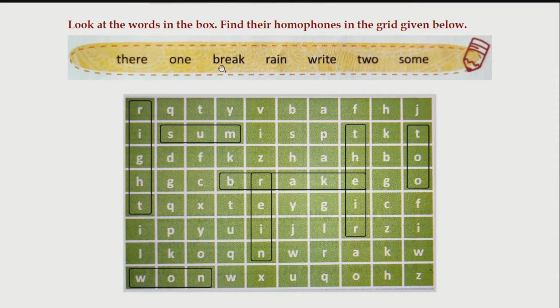And the homophone for this word will be BRAKE. And this brake means what we have in the vehicles. When we go fast, we need to use a brake. And brake is something that slows down a vehicle. The next one is rain, very easy, barish. And this has the homophone over here, REIN.